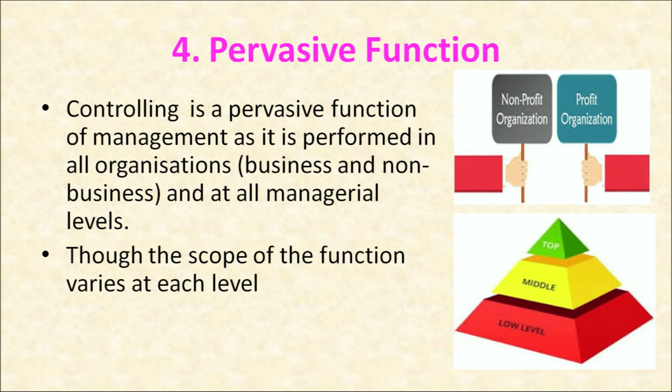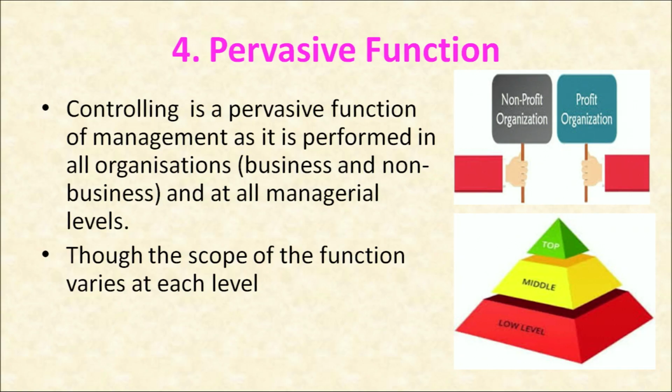Then the next very important feature or characteristic of controlling is that it's a pervasive function. So, what does it mean? Pervasive function means that it is performed in all different types of organizations and at all managerial levels. So, controlling is not only in the business organization, but also in all non-profit or non-business organizations like hospitals or educational institutes or hotels or clubs, or even religious places also.